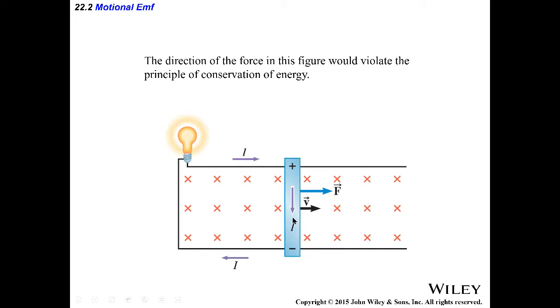Oh, this one is another slide that says that the direction of the force in this figure is wrong. Because if the current is this way, I cross B would be F, but then my velocity, the one that caused it to go this way, is a hand here. So it is not balanced.